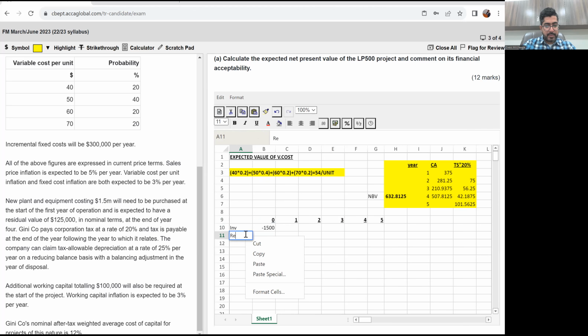Then the revenue comes. So for revenue, I think we should refer to working 1. Then the variable cost, we should refer to working 2. Okay.